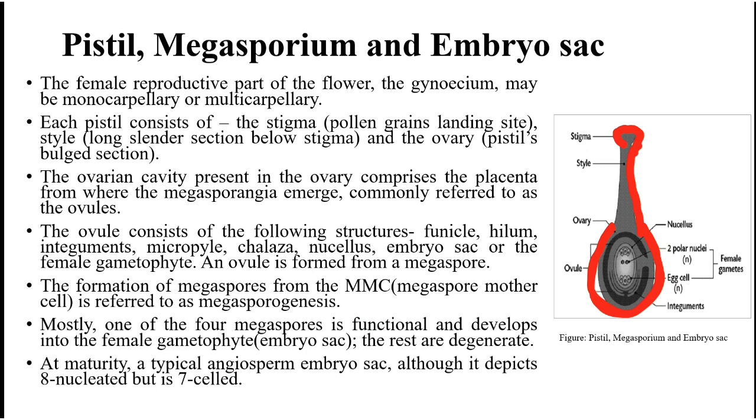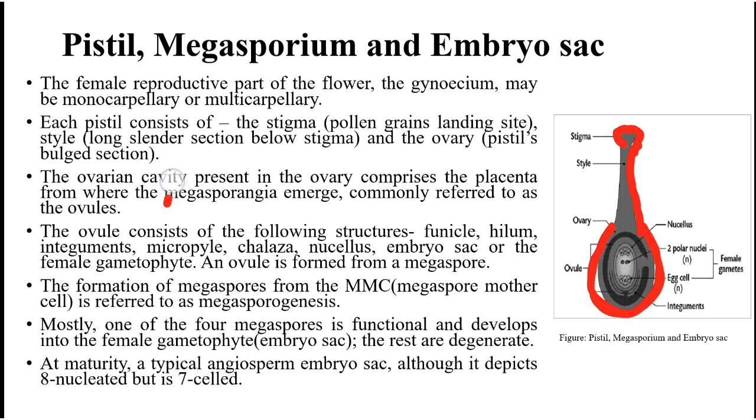The formation of megaspores from the megaspore mother cell is referred to as megasporogenesis. Mostly one of the 4 megaspores is functional and develops into the female gametophyte or embryo sac. The rest degenerate.